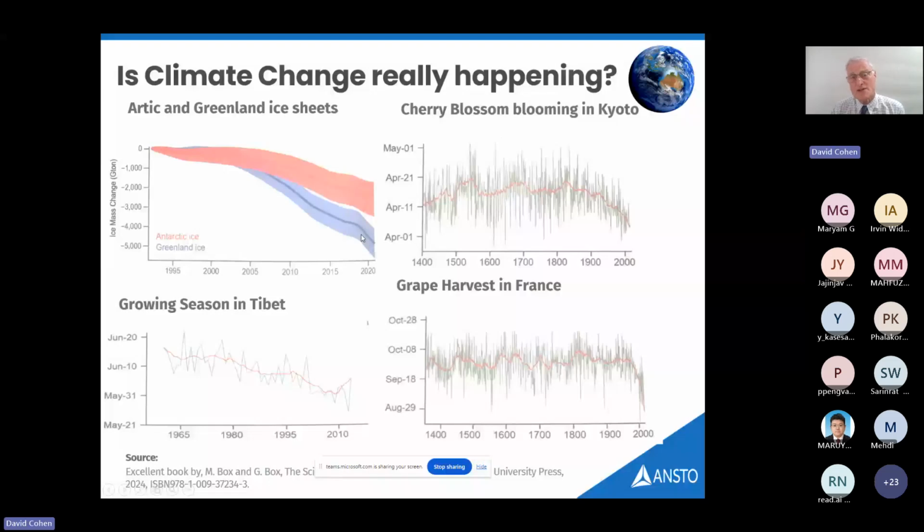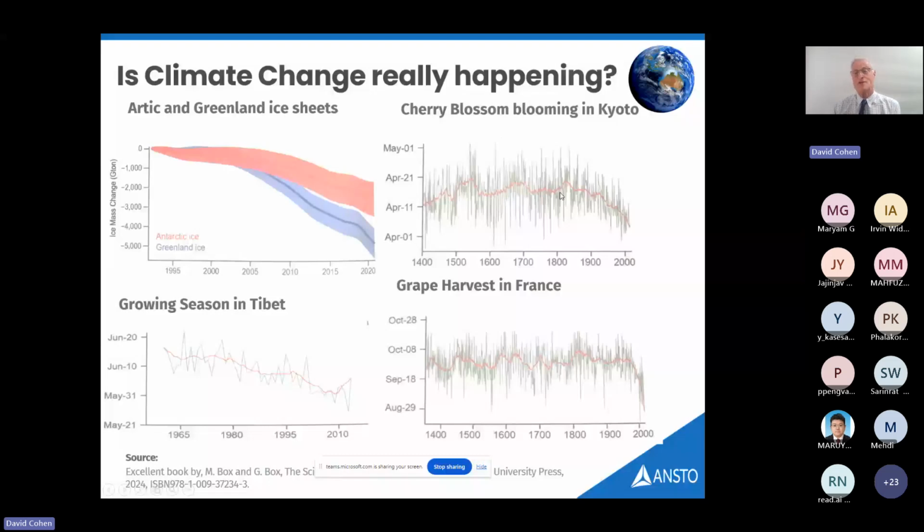Over here on the right, I have the cherry blossom blooming in Kyoto. This one here goes back to 1400. That's 600 years. And you can see that only since the 1900s, we've got a very steep drop here, where we used to have it quite clearly around the middle of April, and now it's dropped to the beginning of April.